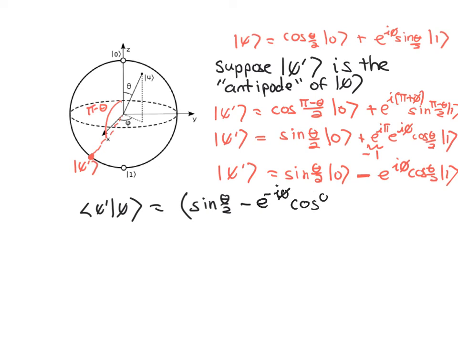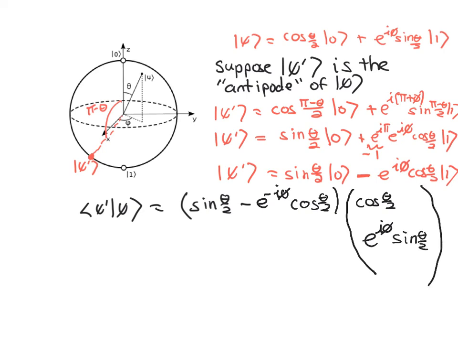This is the way we take an inner product. And then the psi term here is cos theta over 2, e to the plus i phi times sine theta over 2. So the way to calculate the inner product is to multiply this row vector by this column vector.